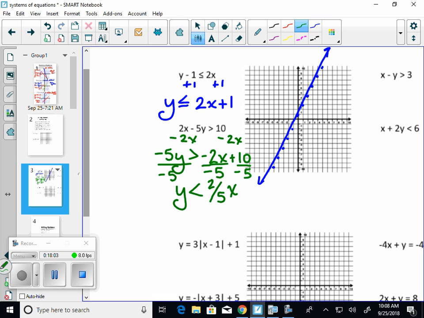Then minus 2. Start at -2, and let's slope up 2 over 5. And I forgot something, so don't draw your line yet. Get your dots, but don't draw your line.